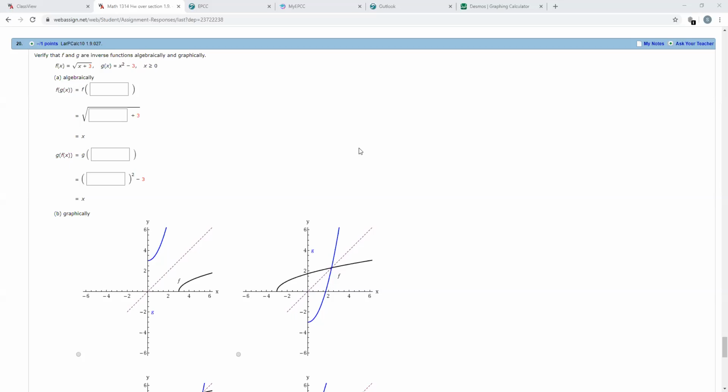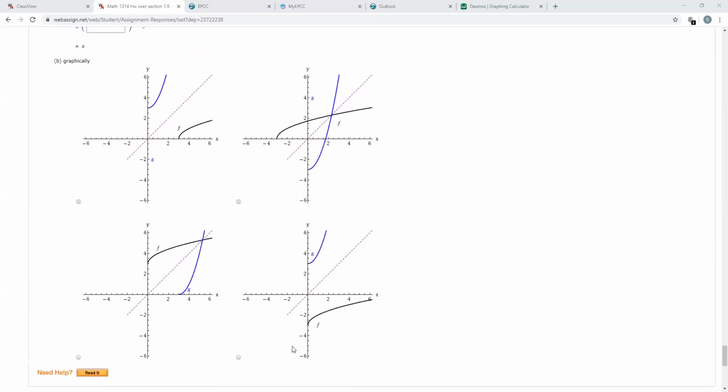So this is number 19, and we have two functions given to us: f of x equals the square root of x plus 3, g of x equals x squared minus 3, and they tell us to verify that they are indeed inverses algebraically and graphically. Well, let's do it first graphically. We're supposed to know and determine which one of these graphs is correct.